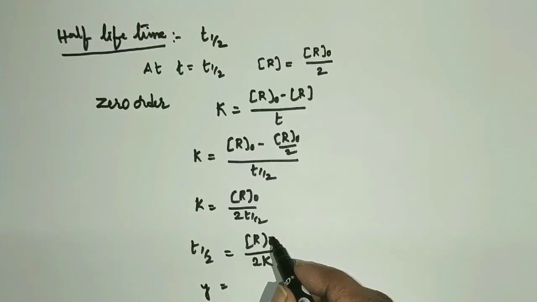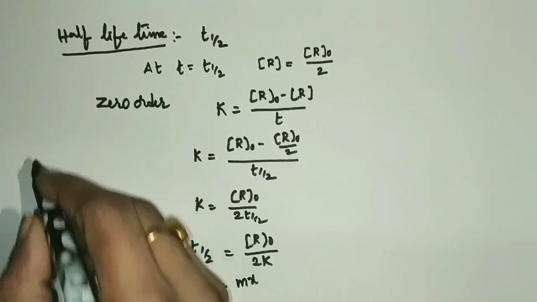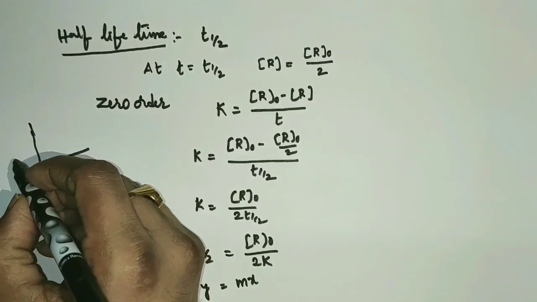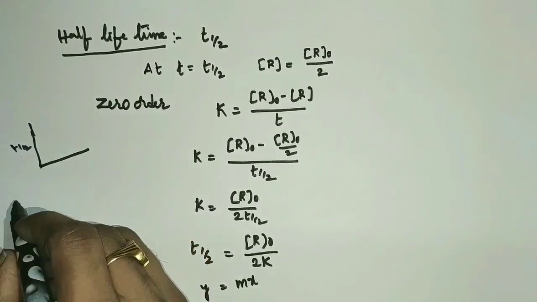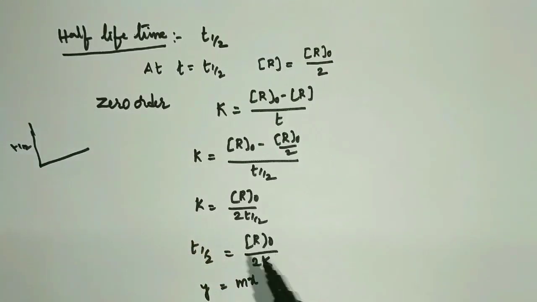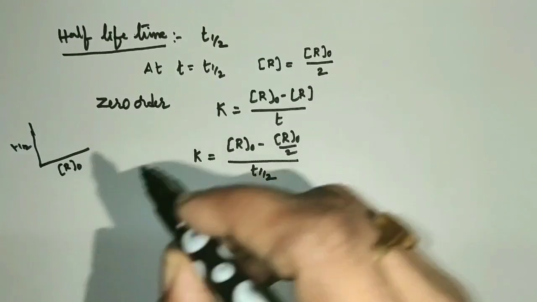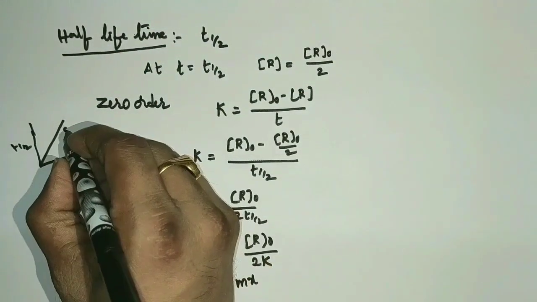Then this is in the form of y equal to mx. So when we draw a graph between half-life time along y-axis and initial concentration of reactants along x-axis, you will get a straight line passing through origin whose slope is equal to 1 by 2K.